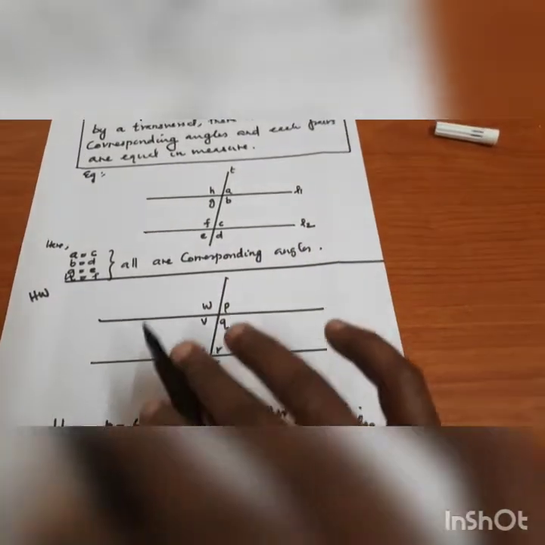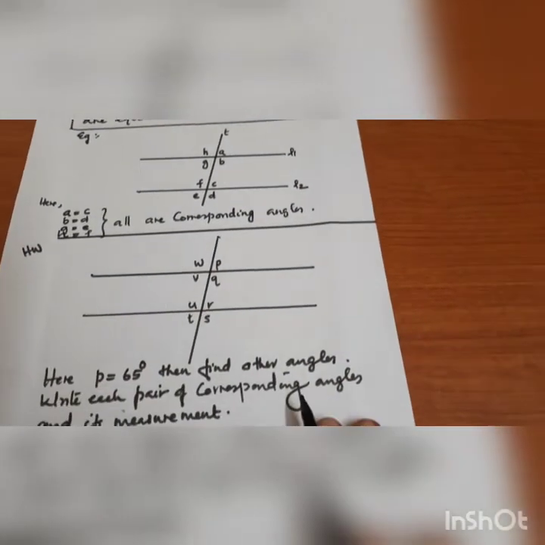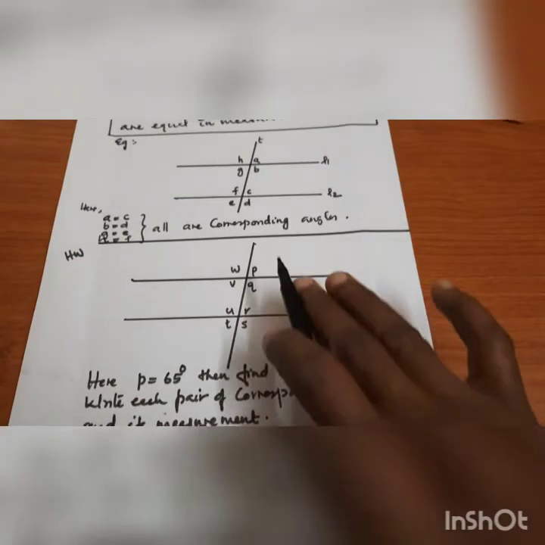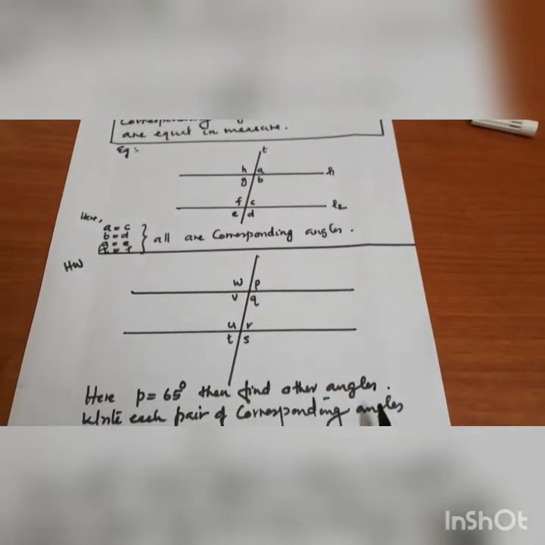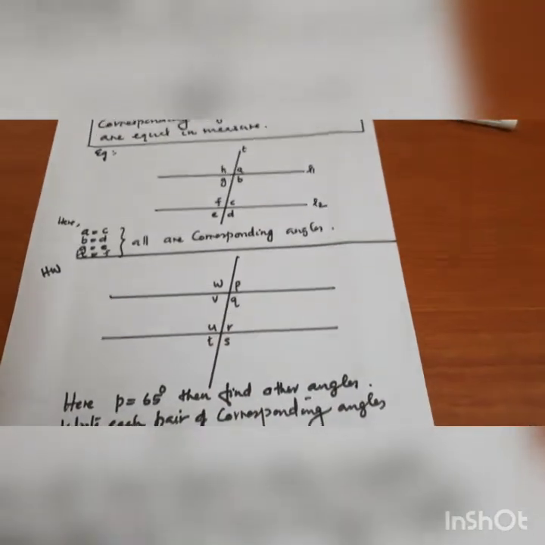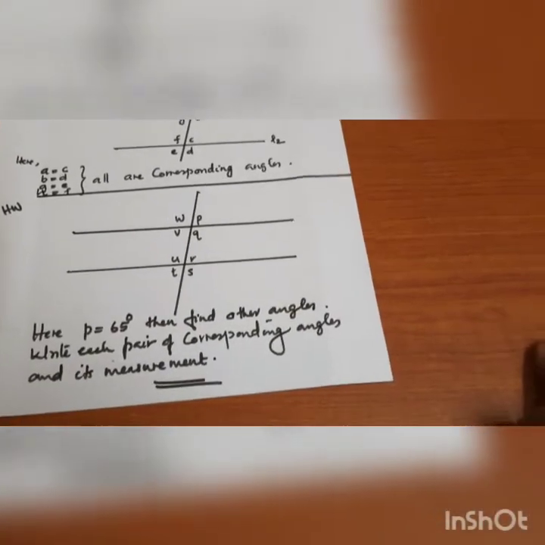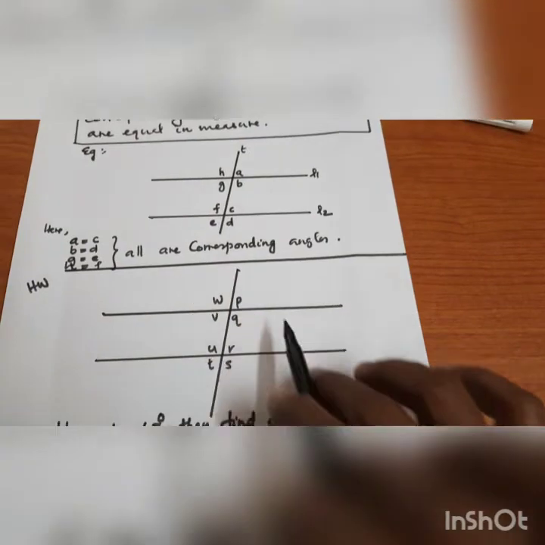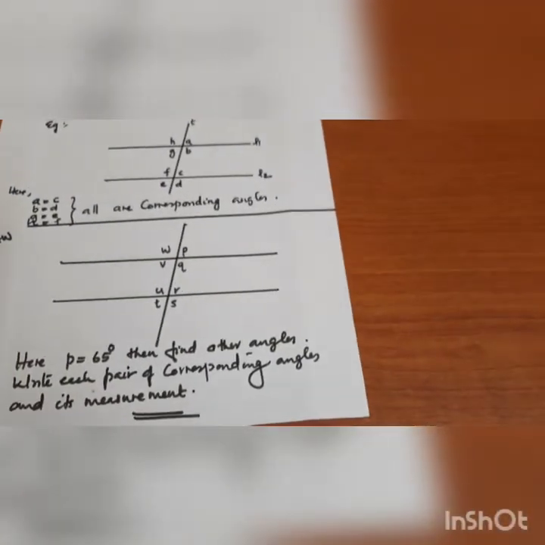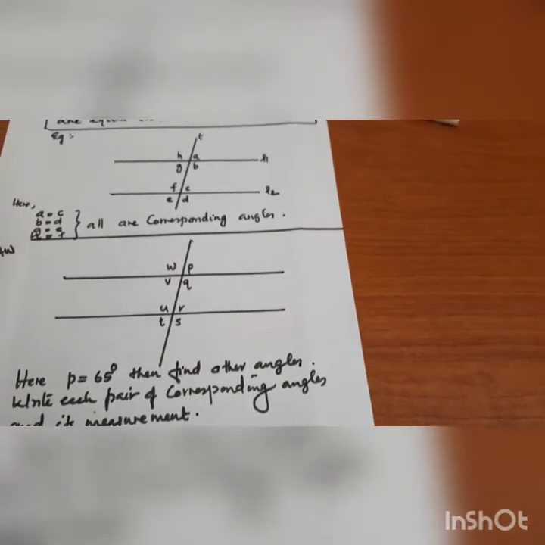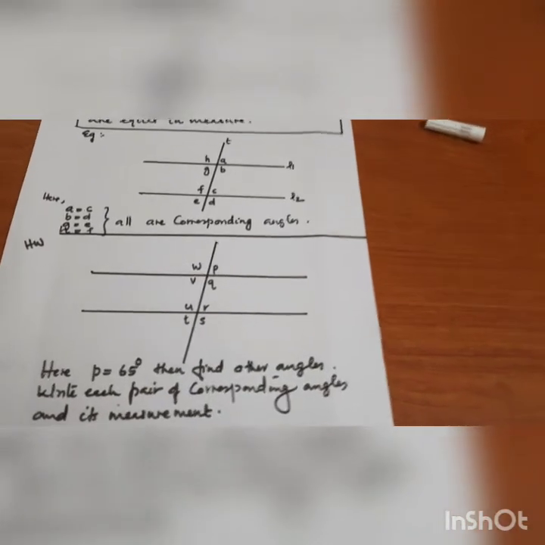First find all the 7 angles. Then find each pair of corresponding angles, write the pairs of corresponding angles and write their measurements.